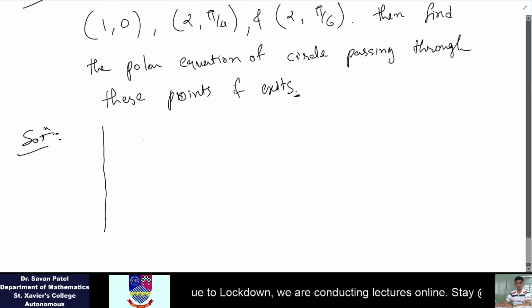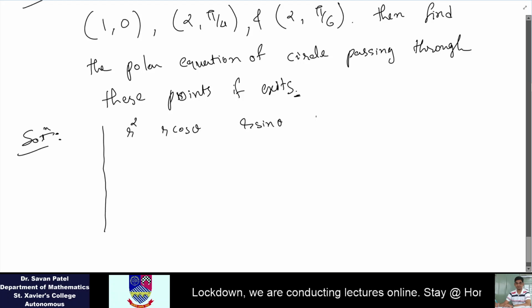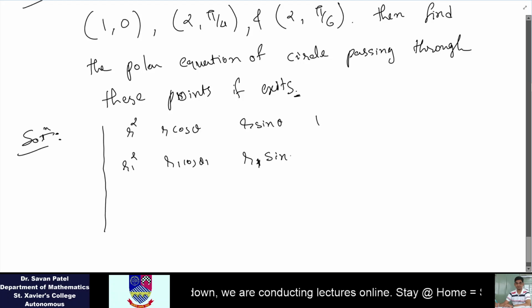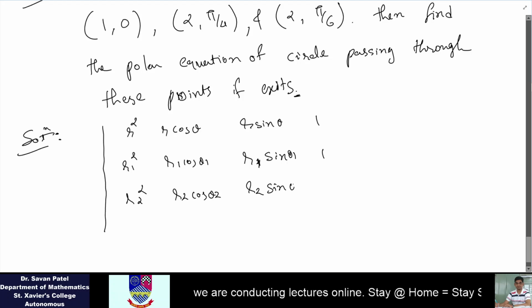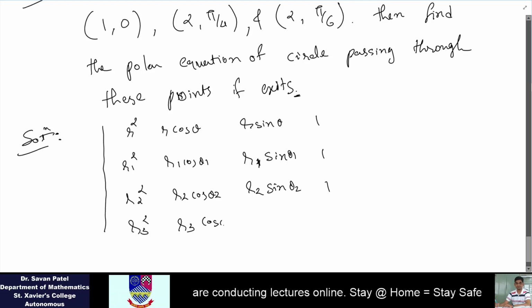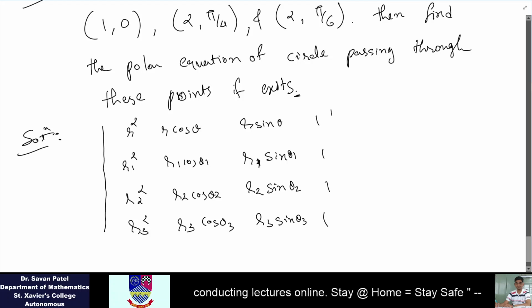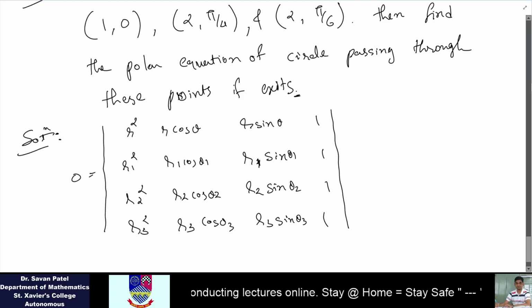So as you know, the formula is the determinant of r square, r cos theta, r sin theta, 1; r1 square, r1 cos theta 1, r1 sin theta 1, 1; r2 square, r2 cos theta 2, r2 sin theta 2, 1; r3 square, r3 cos theta 3, r3 sin theta 3, 1, equals 0.